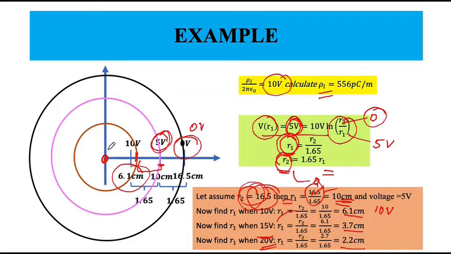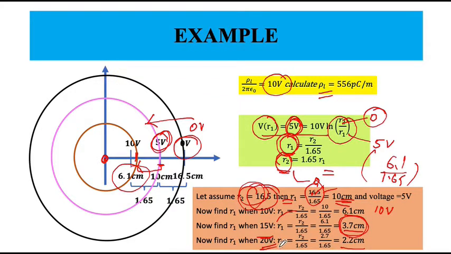If you see, my potential keeps on increasing, and the potential goes as a logarithmic value. For example, 6.1 divided by 1.65 is approximately 3.7 centimeters, and the potential here will be 15 volts.